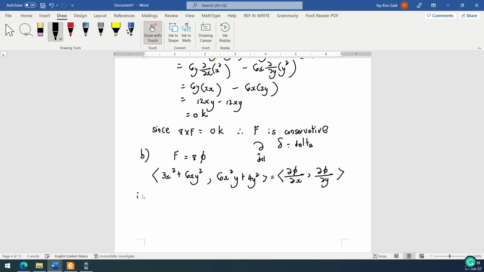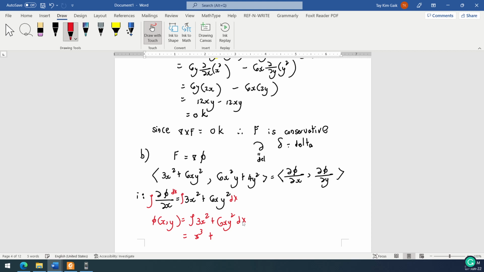Then you equal component i: del phi del x is 3x squared plus 6xy squared. To get phi, you integrate with respect to x on both sides. So phi of x, y is the integral of 3x squared plus 6xy squared dx. Integrating 3x squared, you have x cubed.